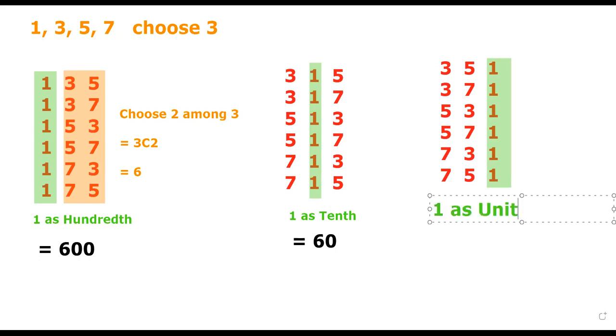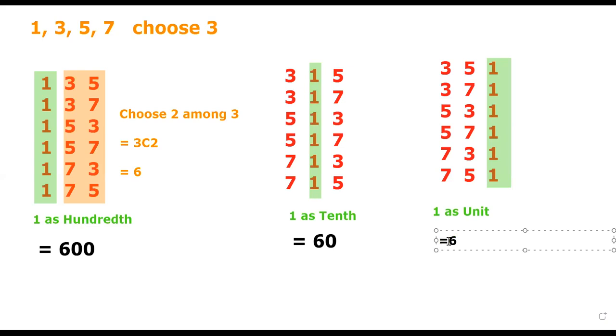We can see that this contributes exactly 6. So for our 1 digit, it contributes exactly 666 to the final sum.